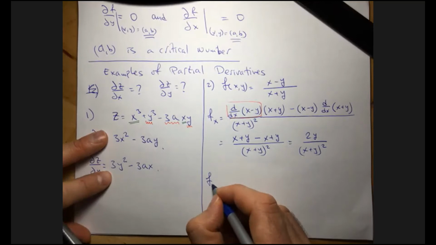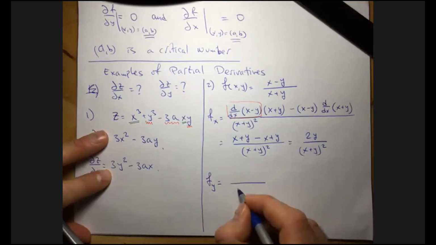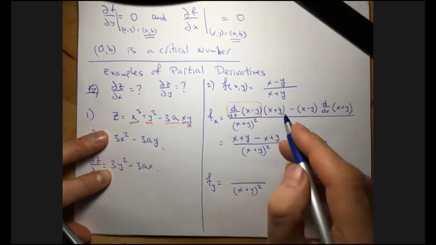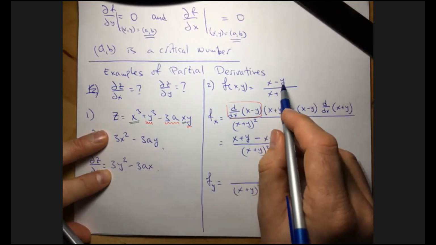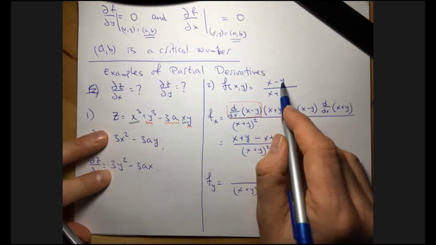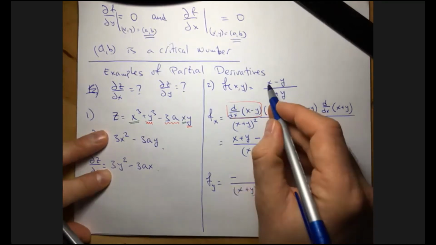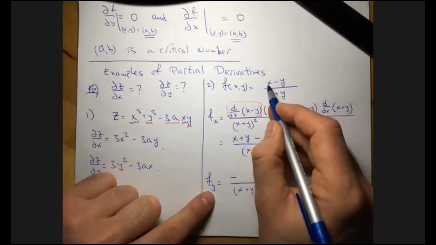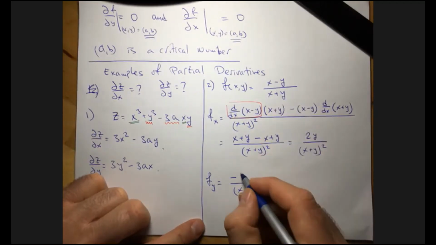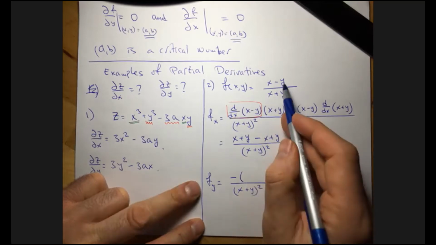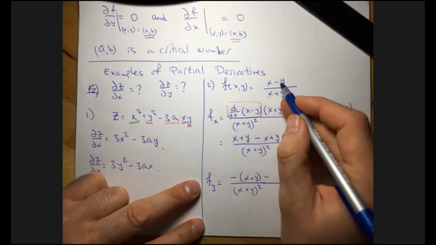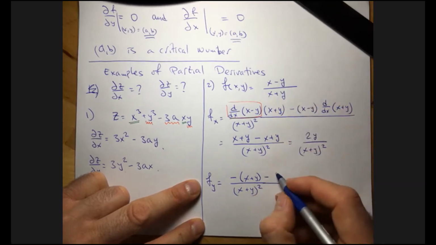By the same logic, partial f partial y, square the denominator, okay? Now the derivative of the numerator with respect to y is negative 1, because I'm finding just the derivative of negative y to power 1, which is negative 1. Derivative of x, I'm finding the derivative with respect to y, so x is being treated as a constant. Derivative of constant is 0. So negative 1 times the denominator, minus the numerator times the derivative of the denominator with respect to y.